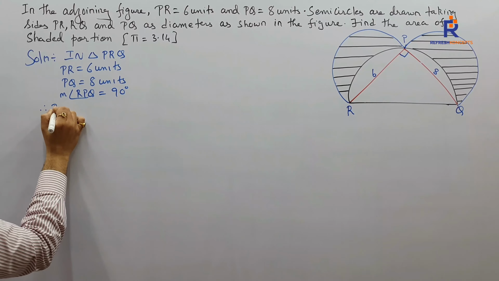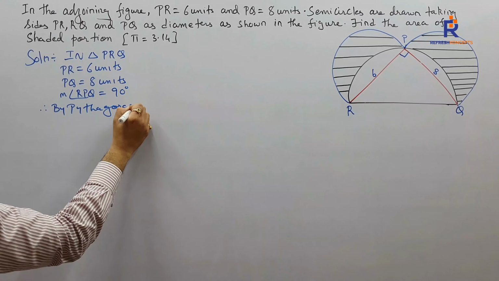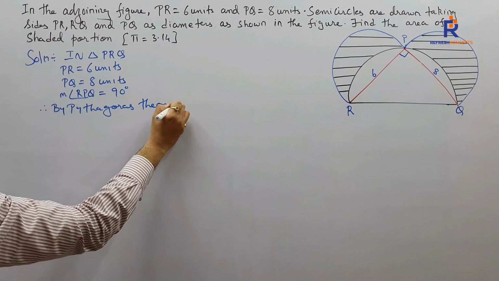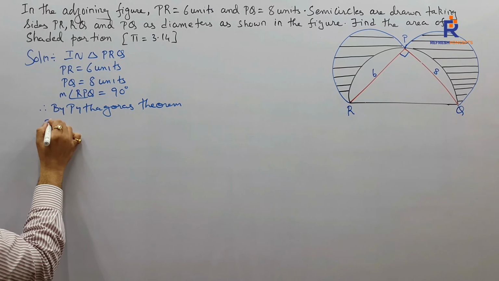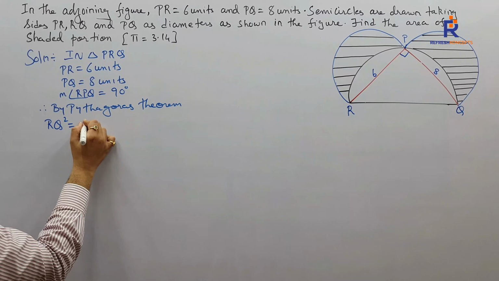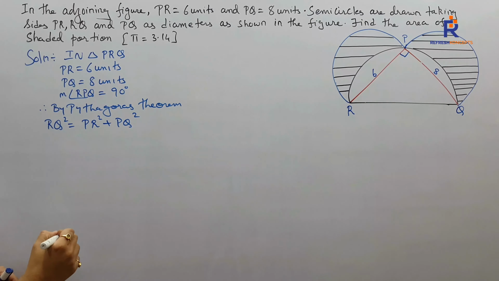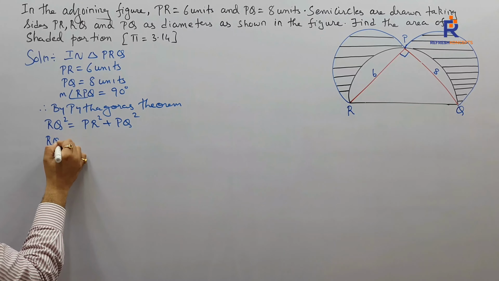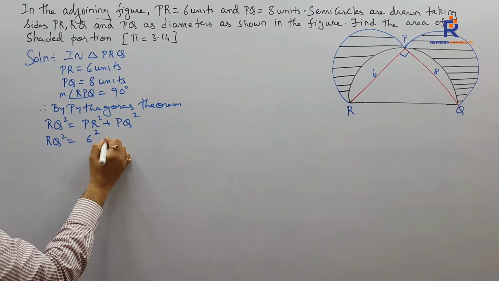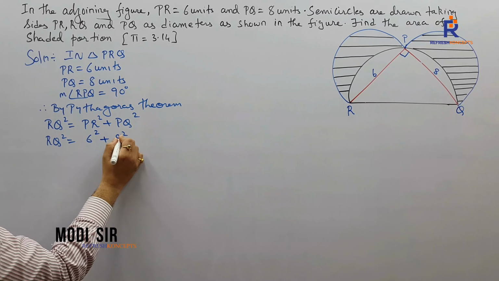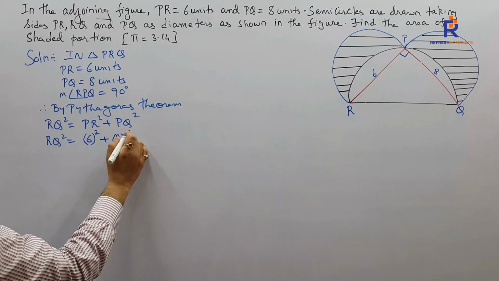Therefore, can I say by Pythagoras theorem? What is Pythagoras theorem trying to say, children? RQ square is equal to PR square plus PQ square. So RQ square is equal to 6 square plus 8 square. If you want, you can insert the parenthesis.